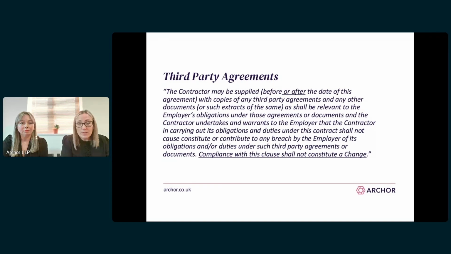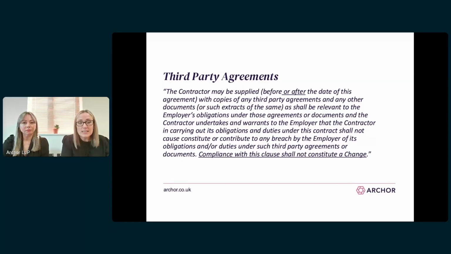So there's an example of this type of clause on this slide, but it's also worth saying sometimes these types of clauses are included in a slightly sneakier amendment, whereby the amendment is actually included in the definition of a third-party agreement. So always look at the definition and the subsequent clauses relating to third-party agreements.